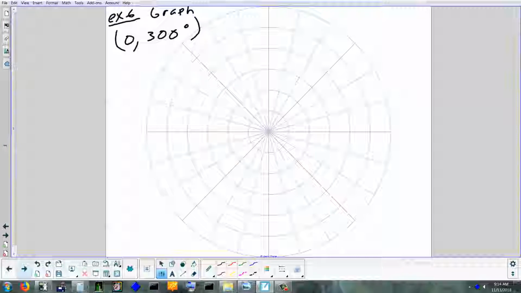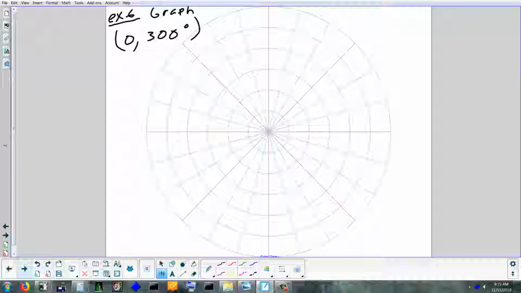0, 300. Just straight down, like straight to the sides. Stay in the middle. So you're staying at the pole. You're not moving left or right. But then what are you doing? Yeah, you're just staying in place.